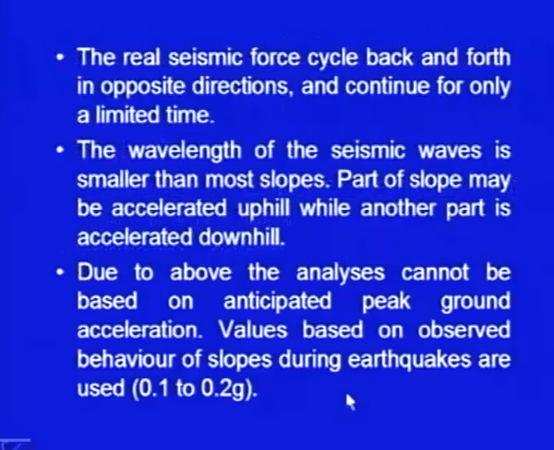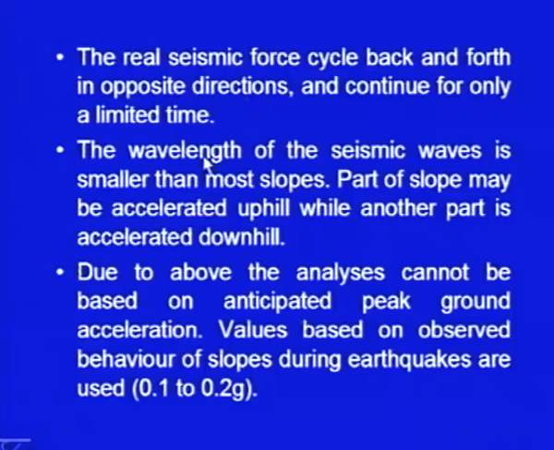The reasons are as follows. The real seismic force cycles back and forth in opposite directions and continues for only a limited time. So, the force is cyclic in nature, it does not act for the entire period.